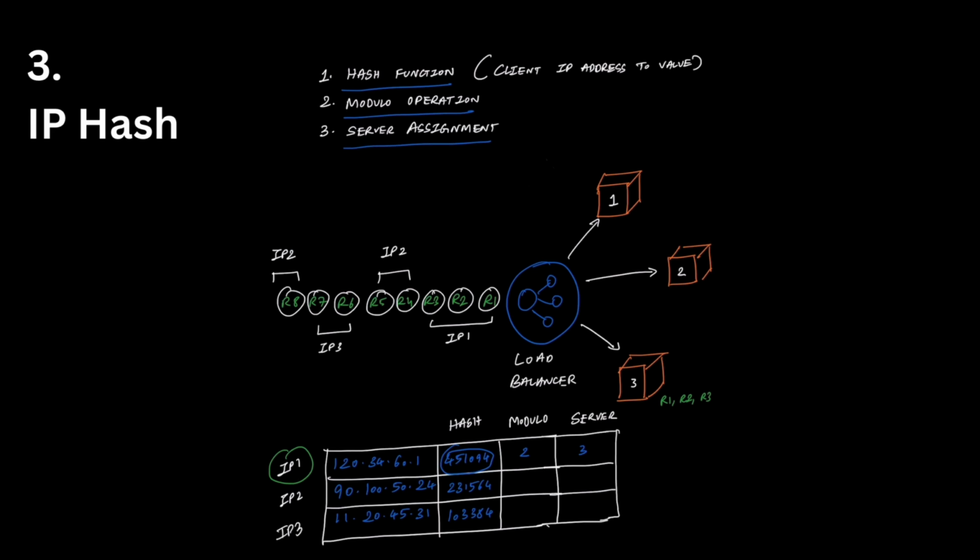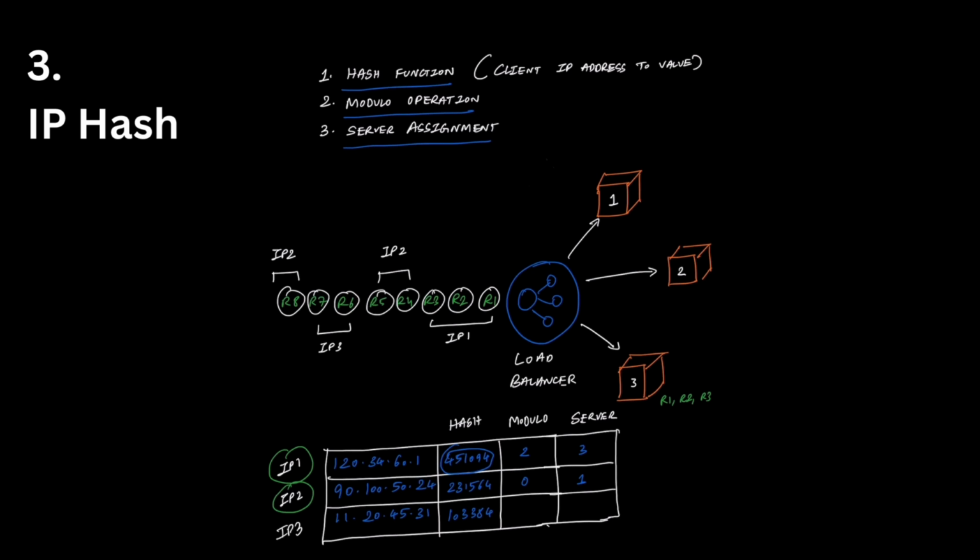Similarly, for the requests from IP2, say we are getting a hash value, a random value here, and its modulo operation is returning a value of 0. Then that means all the requests from IP2 are routed to server 1.